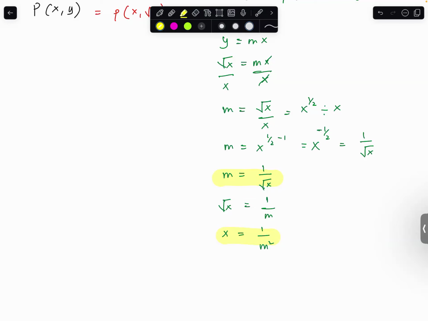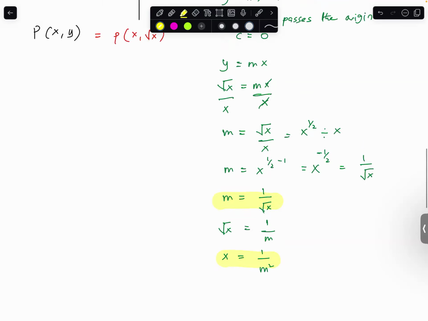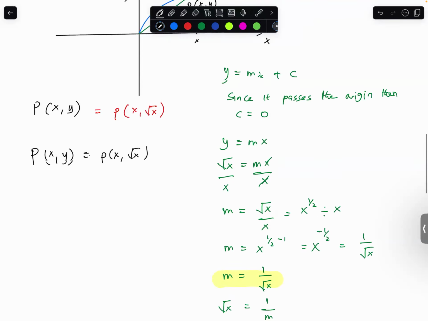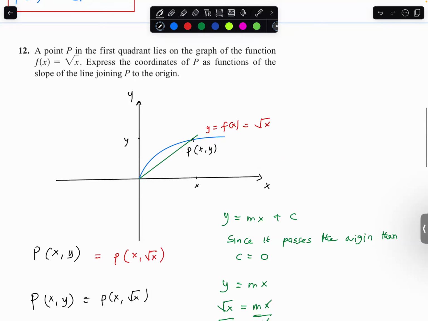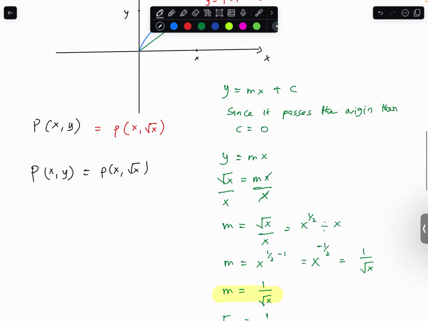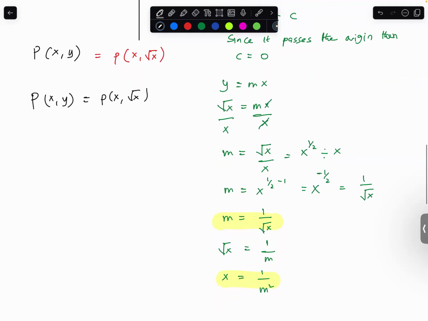Now, if we go back to the question, we are trying to express the point P of x comma y, which equals P of x comma root x. But we are not looking to use x, because the question says express this as a function of the slope of the line joining P. So we need to express this as a function of m.